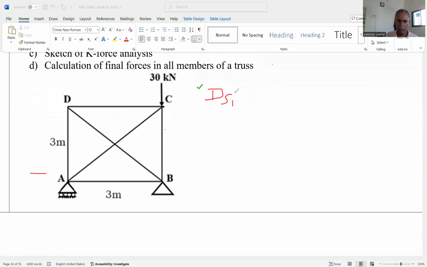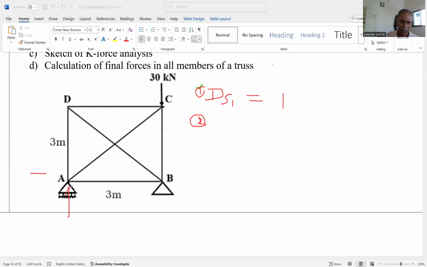This is the first step, that is equal to 1, as I have already discussed. Then we can find out the support reaction. Step number 2 is related with the support reaction.